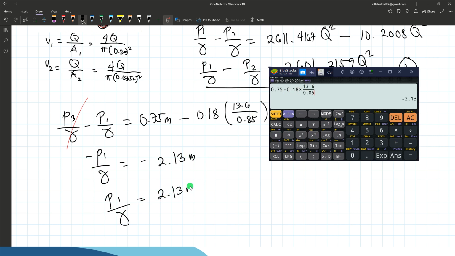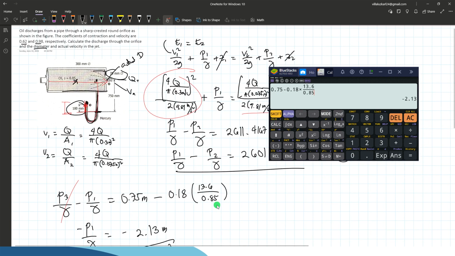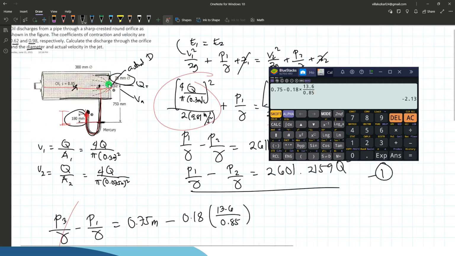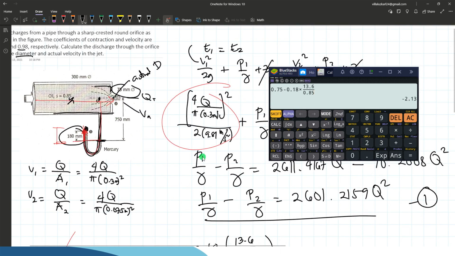We multiply both sides by negative, so we have P1, which is 2.13. How about the pressure at point 2? The pressure at point 2 in the orifice is the opening of this pipe, so we are at the free air surface. It means that the pressure at point 2 is 0.